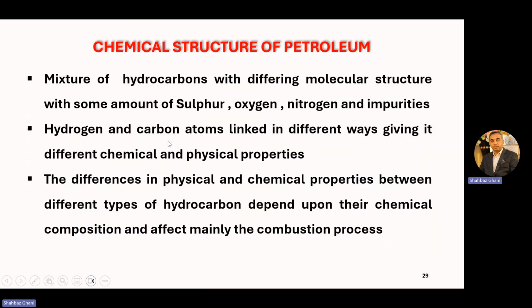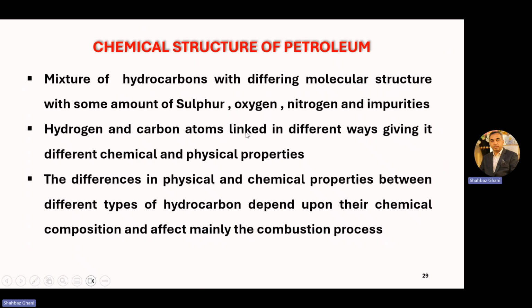Let's see. Fuel is a mixture of hydrocarbons with differing molecular structures, with some amount of sulfur, oxygen, nitrogen, and impurities.